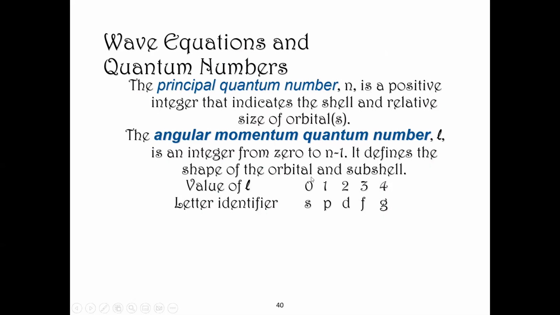So if we go back, that means for an s orbital, negative l to positive l would just be negative 0 to positive 0. So with the s orbital, there's only going to be one s orbital, because we're going to ultimately see it's a sphere, so we can really only have a sphere pointed in one direction.